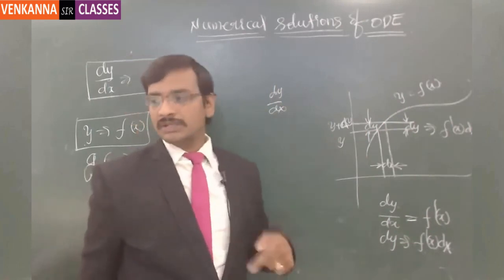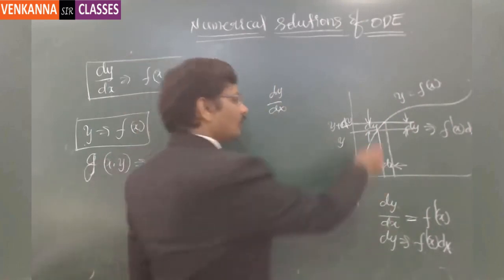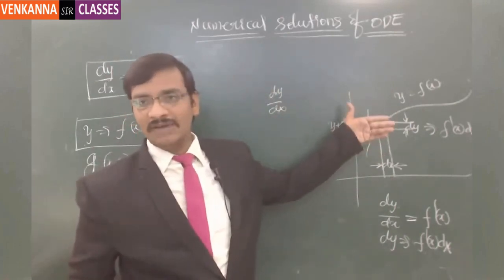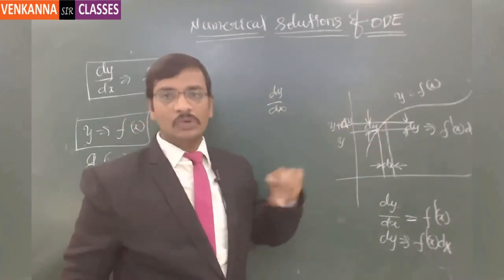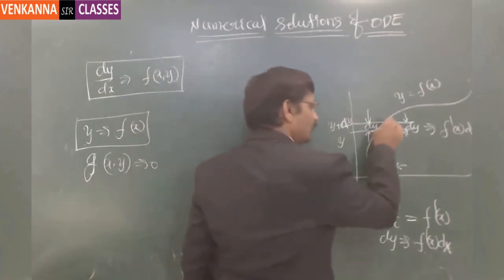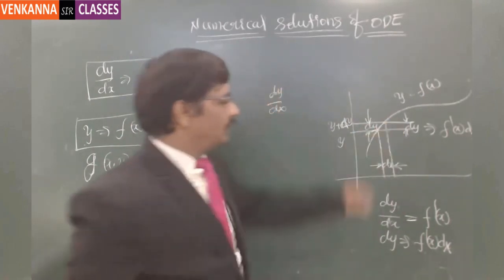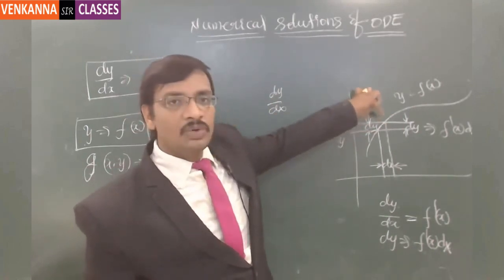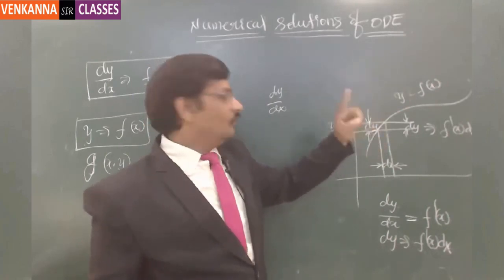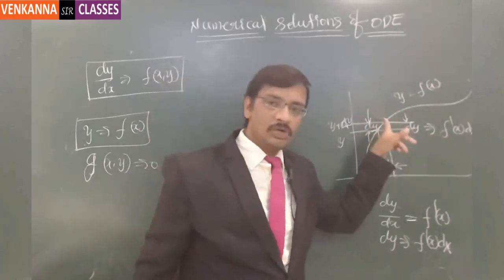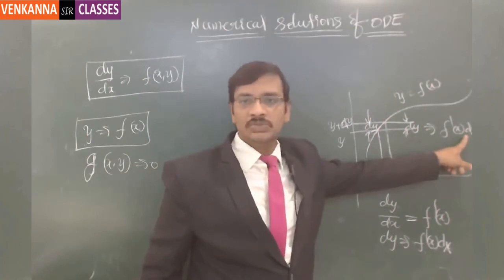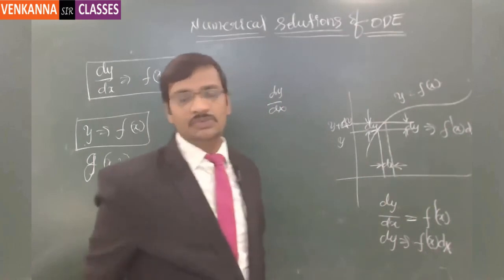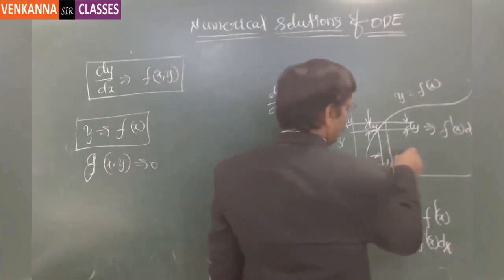Now the construction of the curve means, from this location of y, what should be the value of y plus delta y? That is the curve during this particular region. Maybe this is a very small region, but still it is important for us. From there you construct the next value of y with the help of f dash of x at that location multiplied by the dx duration, which is the strip we are considering as the different intervals, popularly called h.